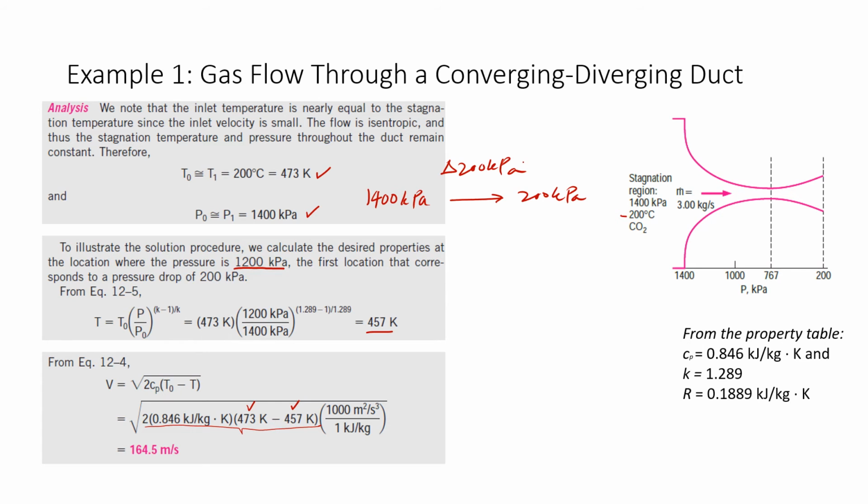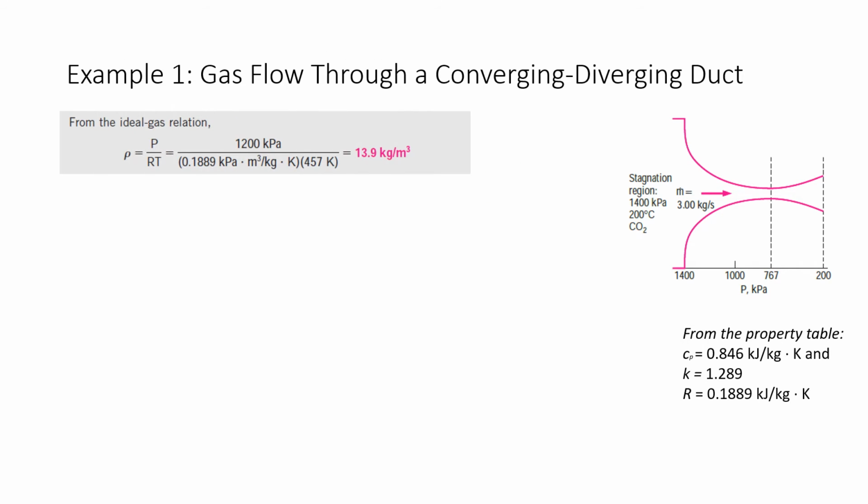Okay, that's for velocity. Next, we can find the density of the flow at 1200 kPa. If you recall, this is from PV equals mRT. Density is mass over volume.